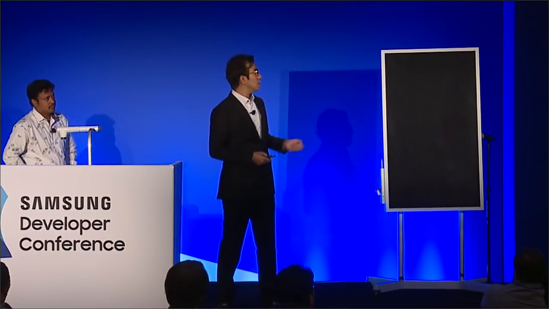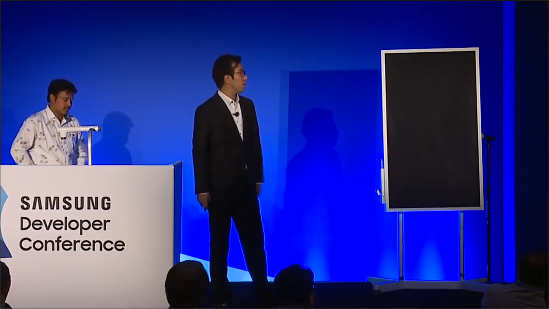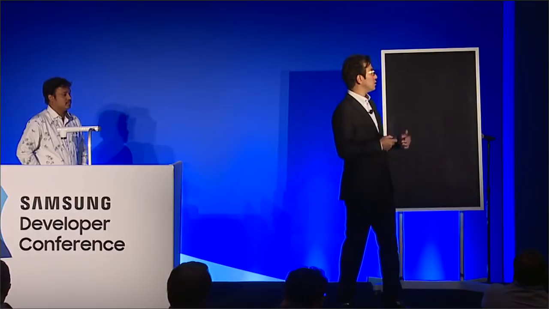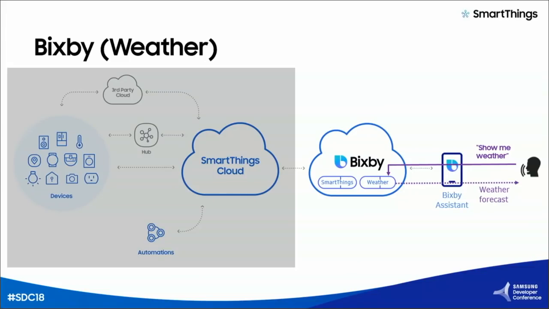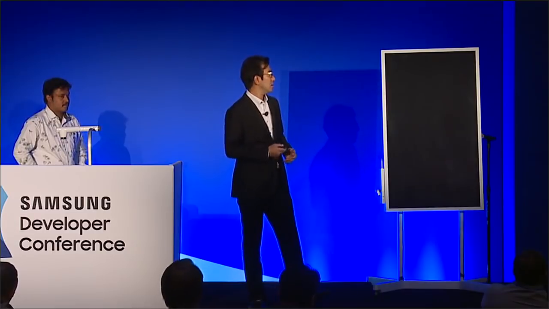So Bixby triggers the weather capsule and gives it the utterance, saying, hey, weather capsule, you can handle it best, so please handle that. Then the weather capsule will see what the weather is today or tomorrow or this weekend, get that information from its own cloud server, and return the weather forecast result back to the user through the Bixby Assistant.